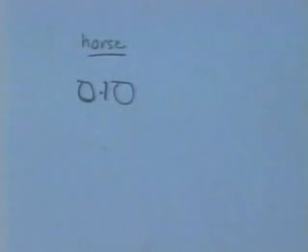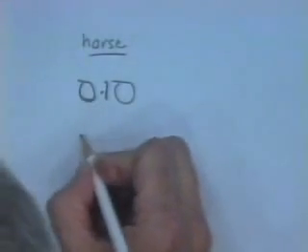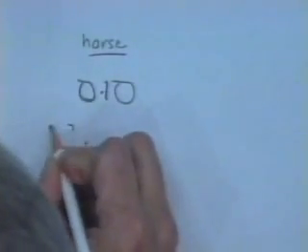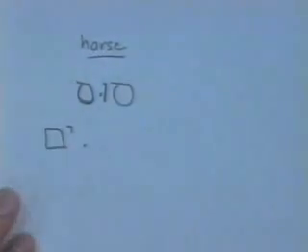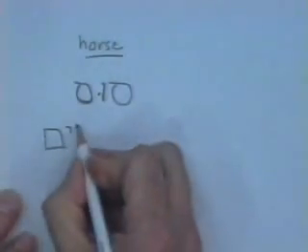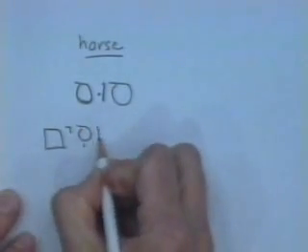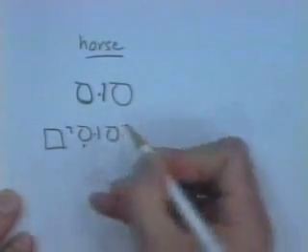Okay? Now, in doing your exercises, in fact, some of you guys actually figured this out, you noticed that some of the words end in this ending, eem. And the reason for that is that is the plural ending.